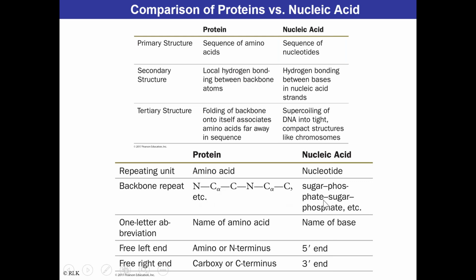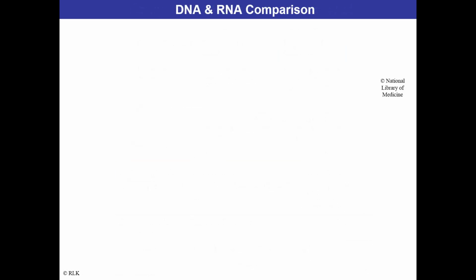And here, instead, in the nucleic acid, you have sugar phosphate. One letter abbreviation works for amino acids. It can also work for the bases with respect to nucleic acids. Amino or N terminus corresponds to the 5' end, the free end, whereas the carboxy or C terminus is indicated by the free end. So those are the analogies that we can draw there.